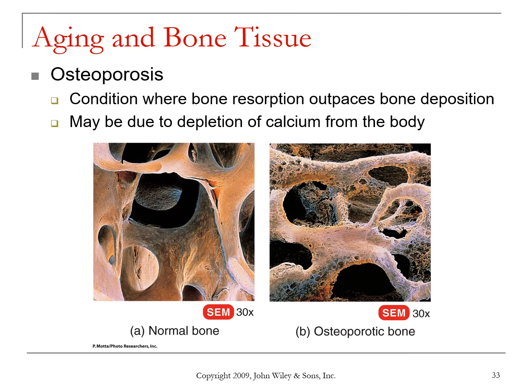Taken together, these conditions contribute to osteoporosis. As you can see, healthy bone tissue in slide A compared to the porous, holey, for lack of a better word, osteoporotic bone on the right.